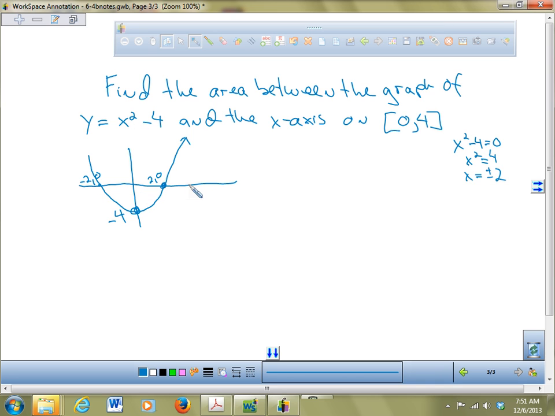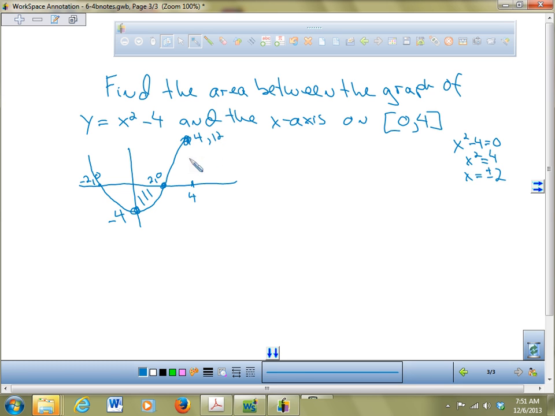So look over here. I want to go from 0 to 4. So I want to find this area, right, which is going to be a negative quantity. And then I want to go from 2 up until 4. Well, if I plug in 4 here, what do I get out? 4 squared is 16 minus 4.